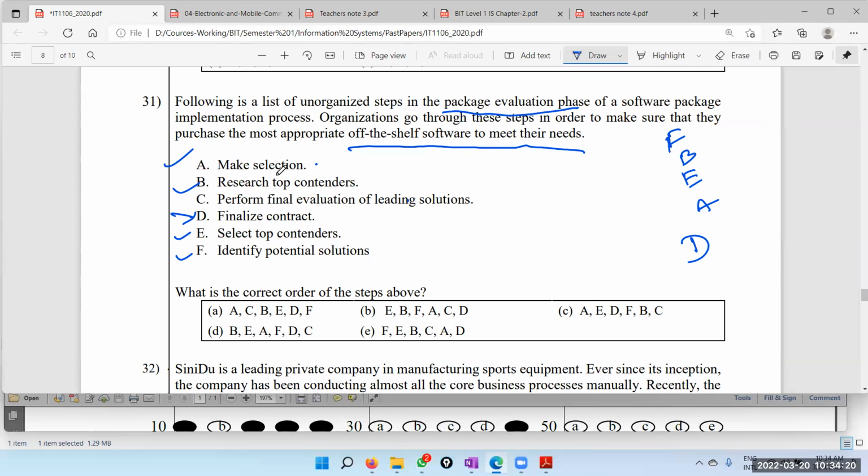Make selection. Identify potential solutions, research top contenders. Sorry, E starts with select top contenders, research top contenders.